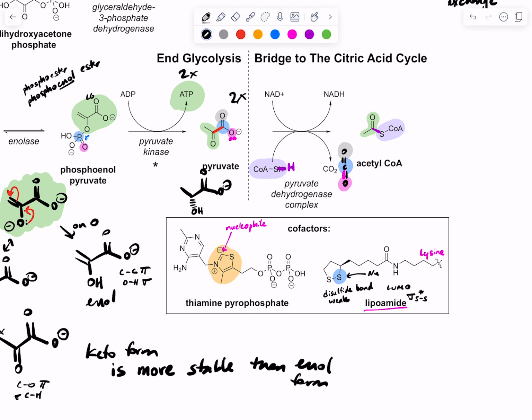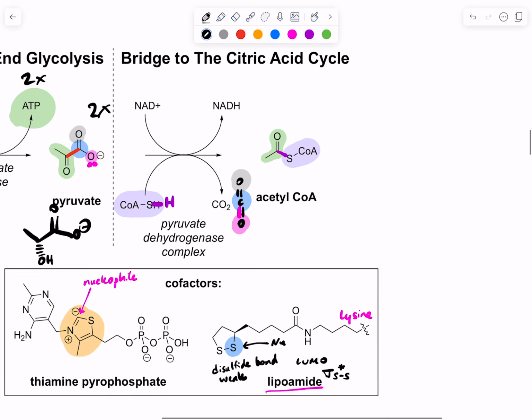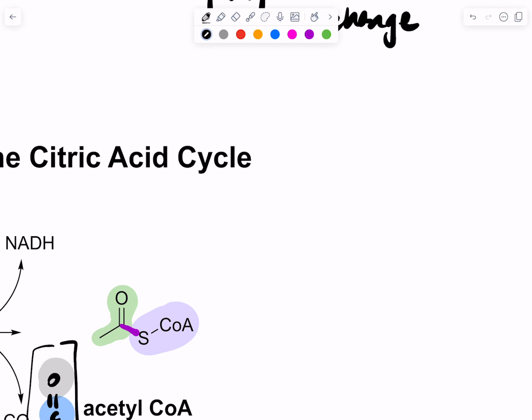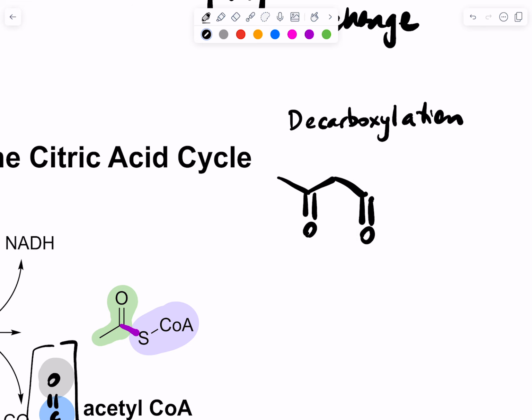One other thing I wanted to mention at this stage is that you have seen a reaction that generates CO2 before. You saw it in our mechanism handout. It was called decarboxylation. And the general pattern of decarboxylation that I told you, losing CO2, was when you have a carboxylate and the beta carbon has a keto group on it.